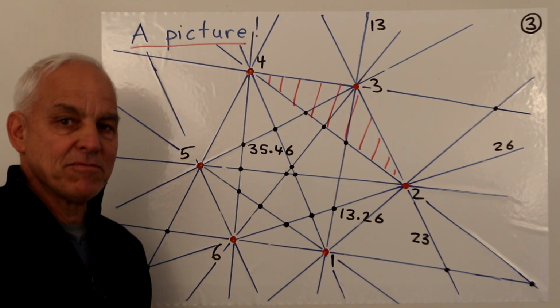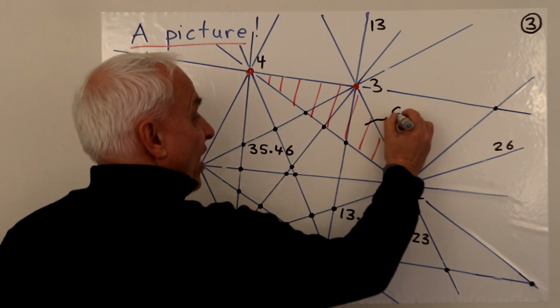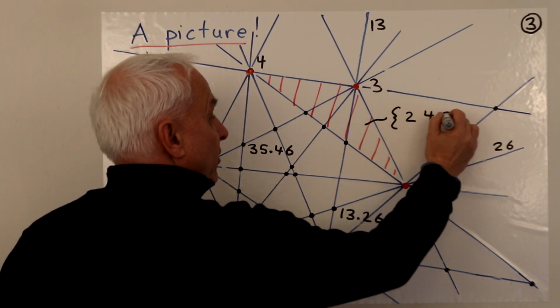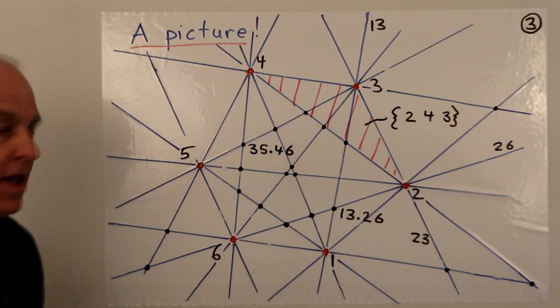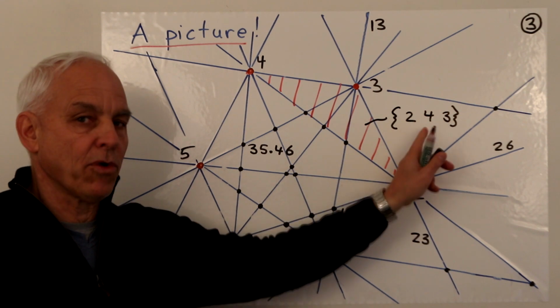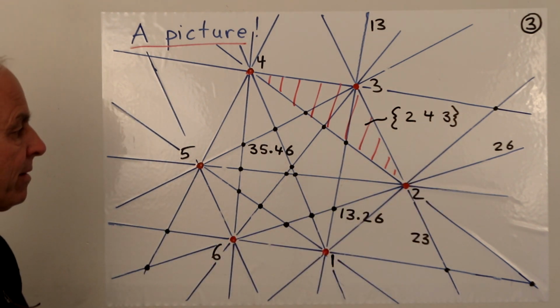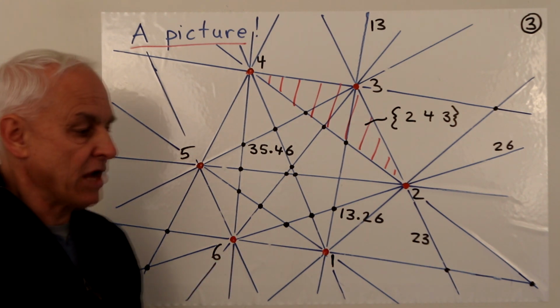So that's a geometrical representation of the set consisting of 2, 4, and 3. As a set, it's unordered, so I don't have to worry about the order of the elements there. Okay, so that's a natural object.